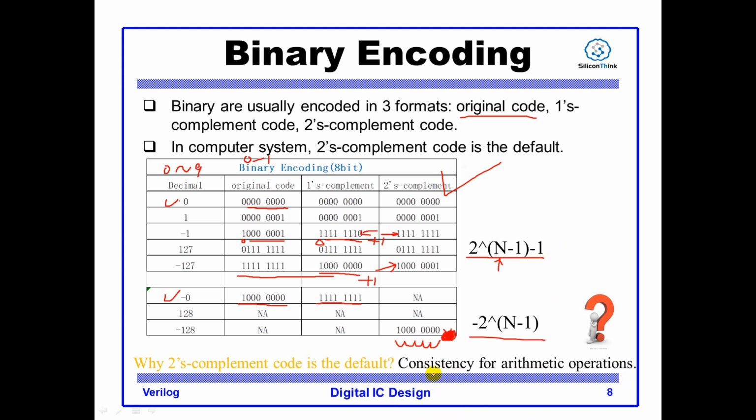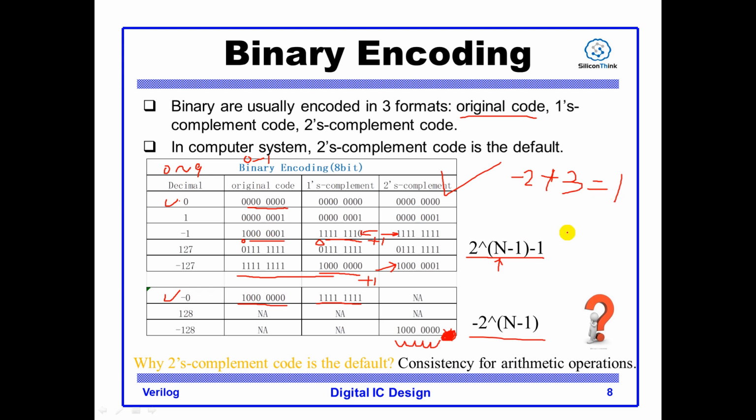The answer from me is consistency for the arithmetic operation. For example, if you want to calculate -2 plus 3, you can have a test. You can take out your pen and some paper and use these three encoding modes to calculate -2 plus 3 and check whether the output is 1 in the same encoding format or not.